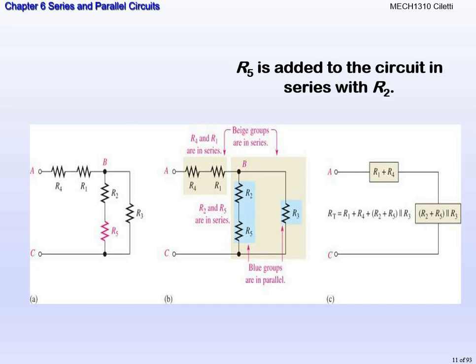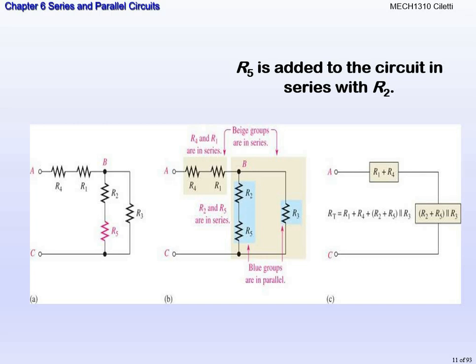This is why it's important to redraw the circuits. This is not a good example, this is out of your book, of showing how to redraw the circuits. This example is just to show the relationship between the total resistances as we approach this. You will redraw the circuit each time to simplify it down. But we have R1 and R4, those are in series.